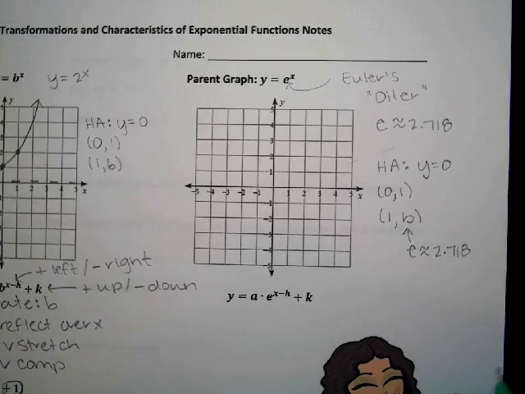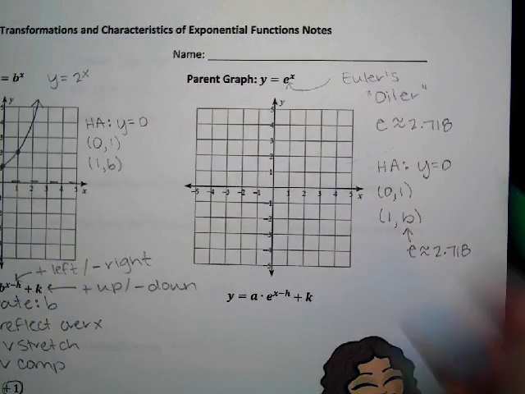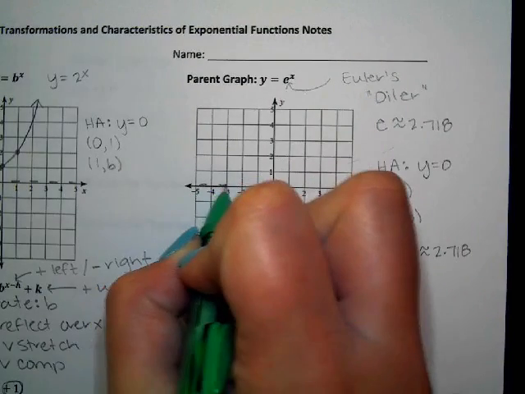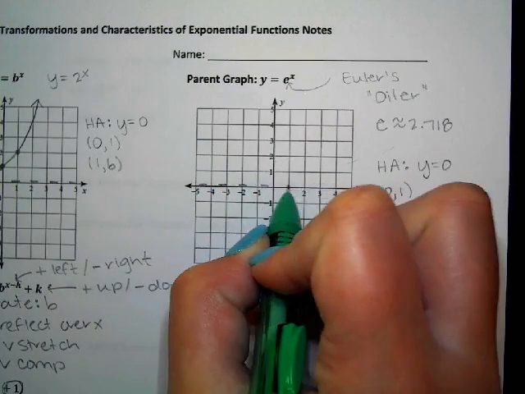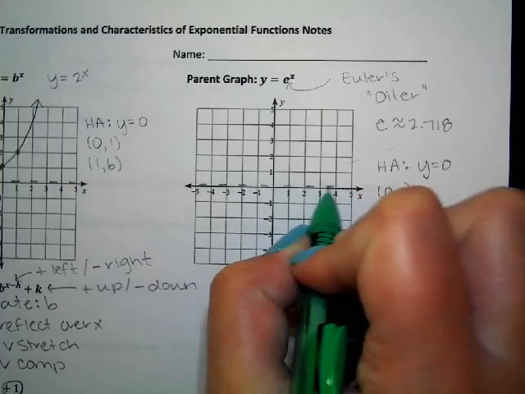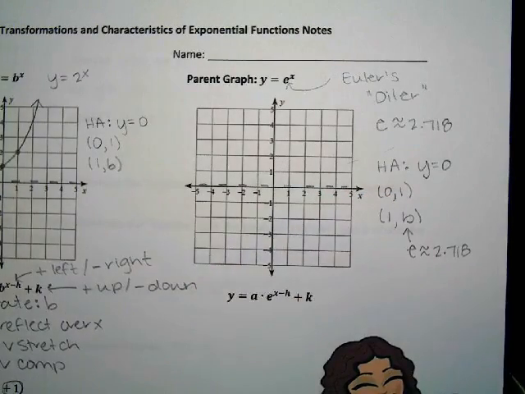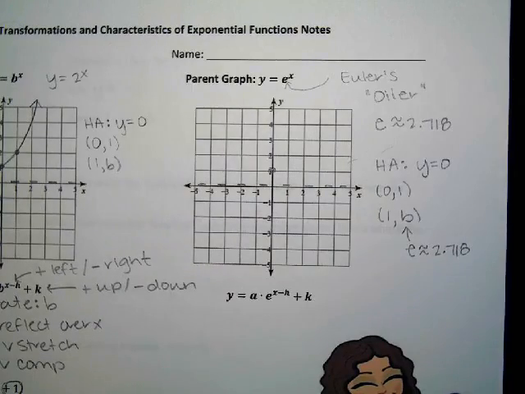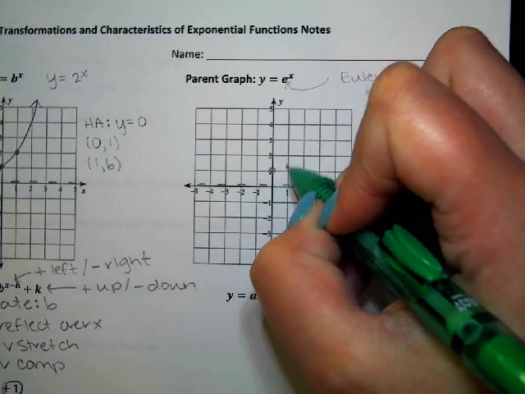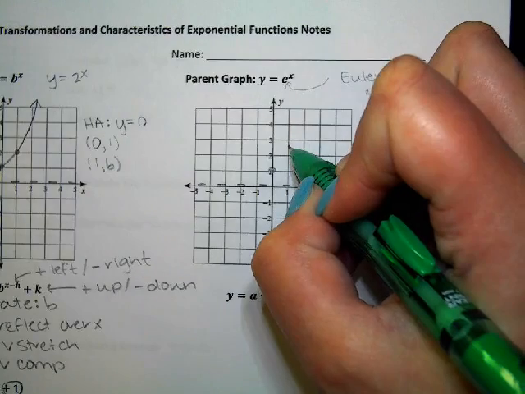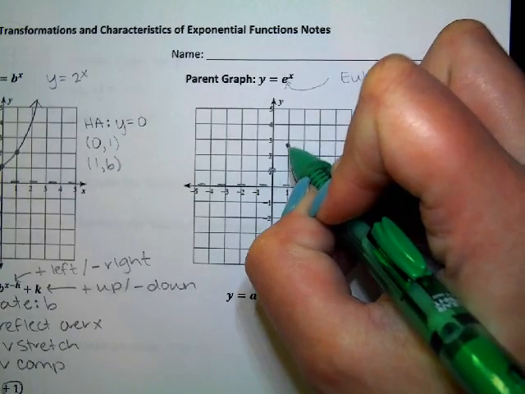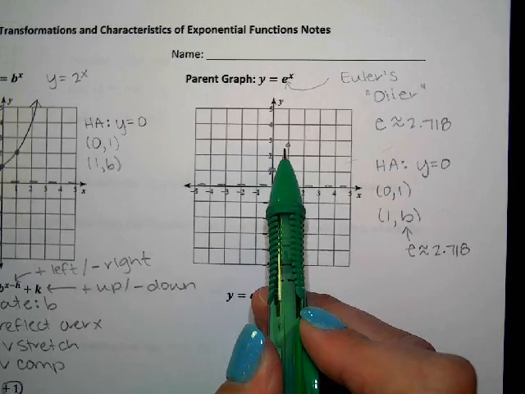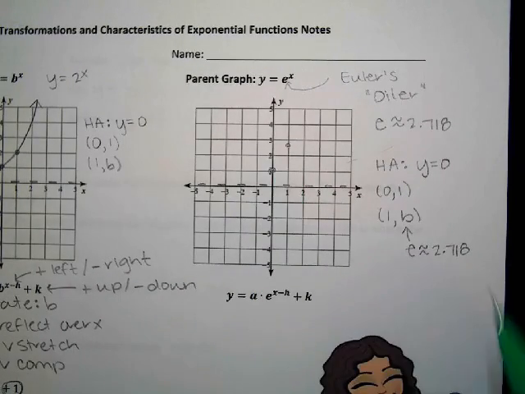So when we graph this, we're going to have that horizontal asymptote at 0, and we're going to have (0, 1), and then we're going to have (1, 2.718) right there. Do you guys see how I did such a good job graphing 2.718? Looks very realistic.